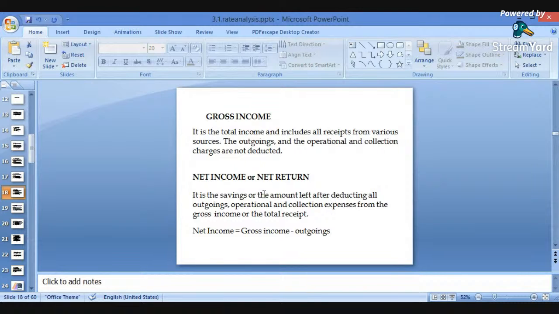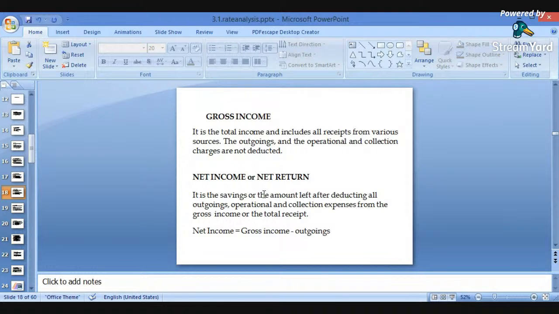After deducting outgoings from the gross income, we can calculate the net income. All these concepts will be used in further slides in order to calculate the valuations of a property.